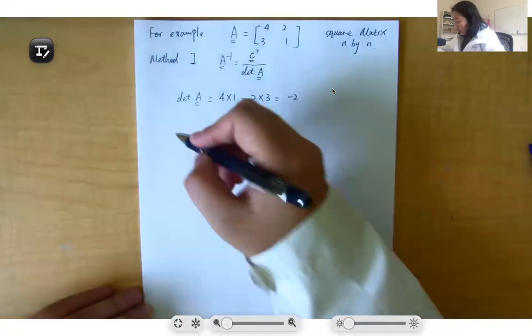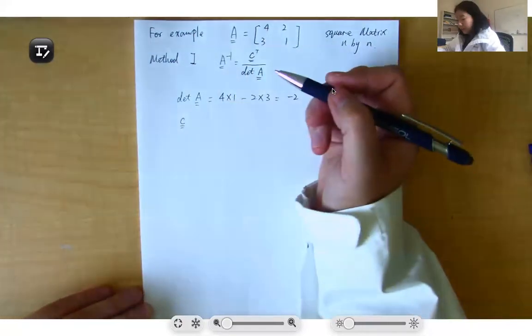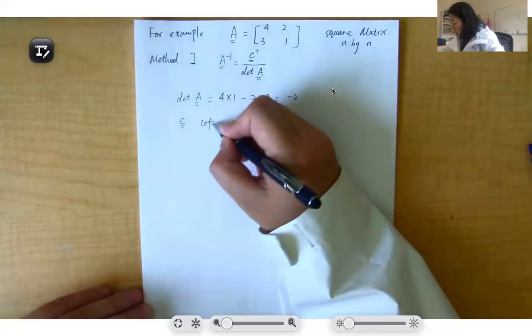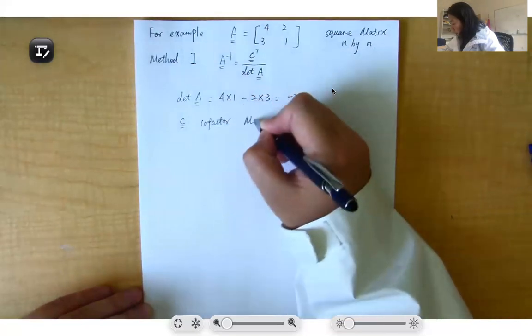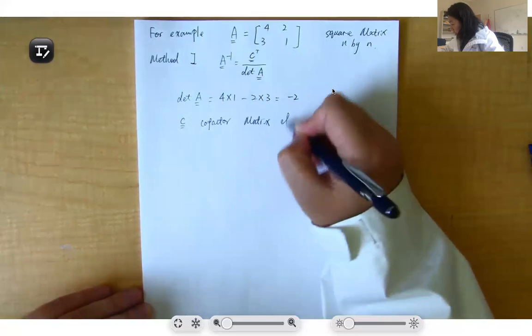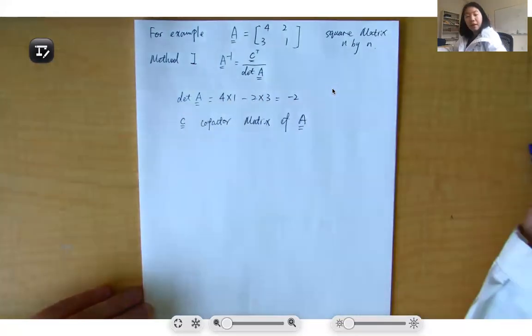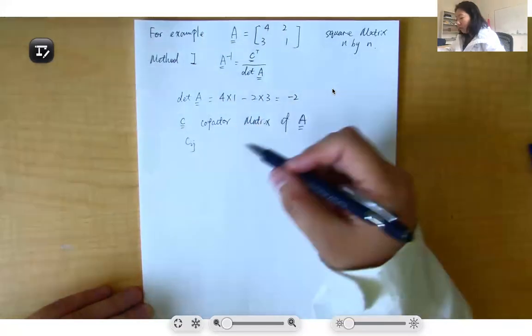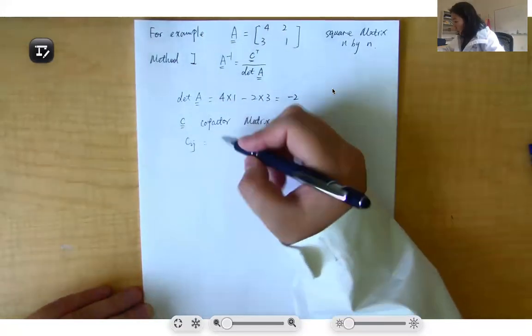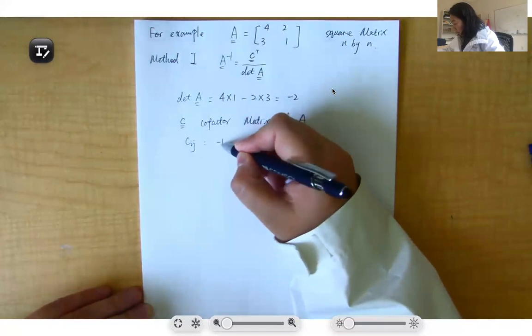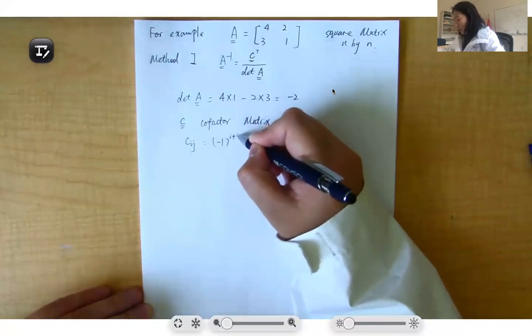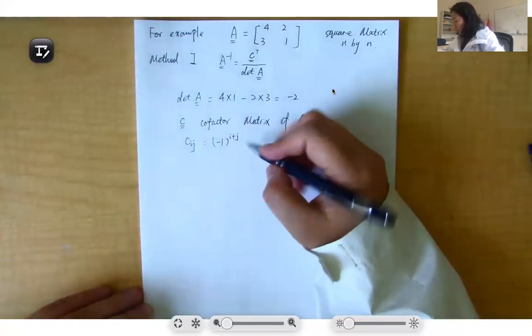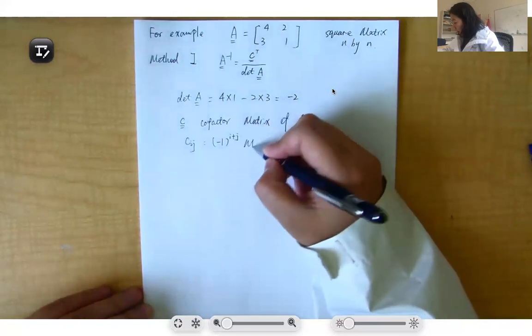And C is the cofactor matrix of A. The element Cij of the cofactor matrix equals minus 1 to the power i plus j times Mij.